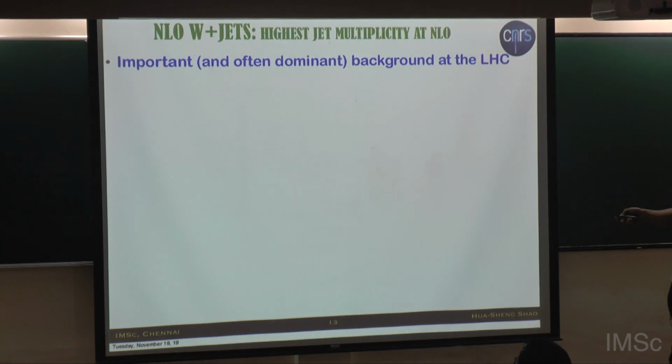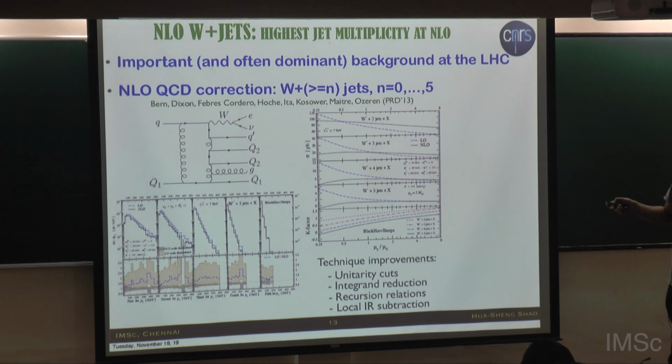So then another example is you go not in this direction of more loops, but to more legs, right? So jet multiplicity at next to leading order, the highest jet multiplicity. One is W plus jets. It's a very important and dominant background for many searches or even for standard model measurements, like ttbar measurements.